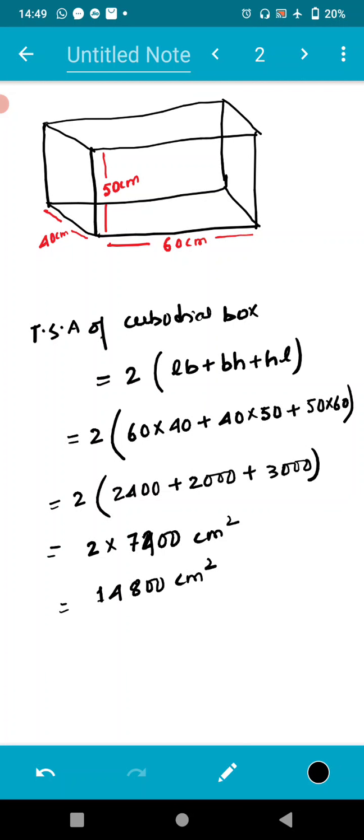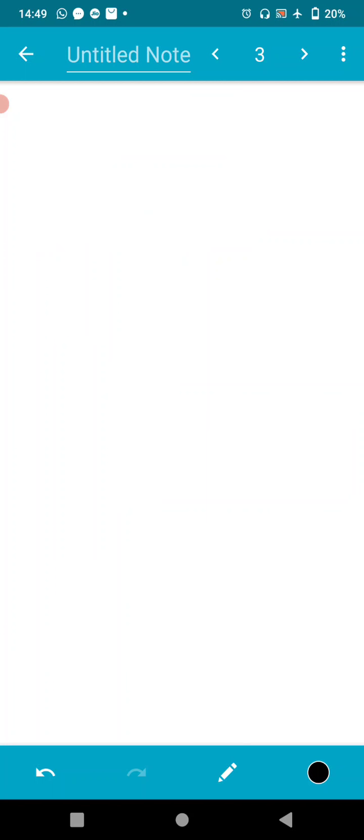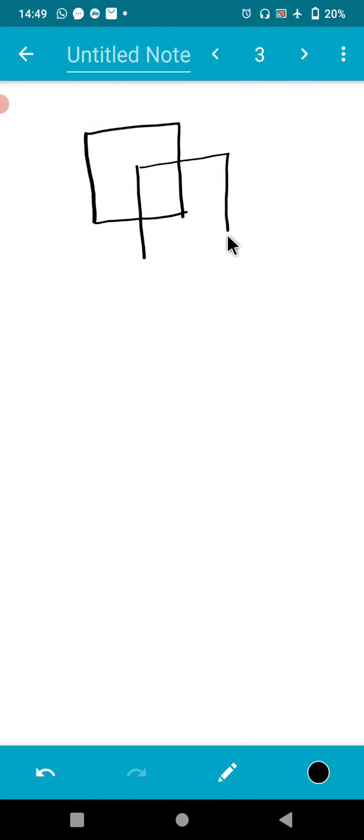Then the next thing that you have to do is find out the TSA of the cubical box. So let us first draw this cubical box. In a cubical box all the sides are equal. So this is a cubical box.